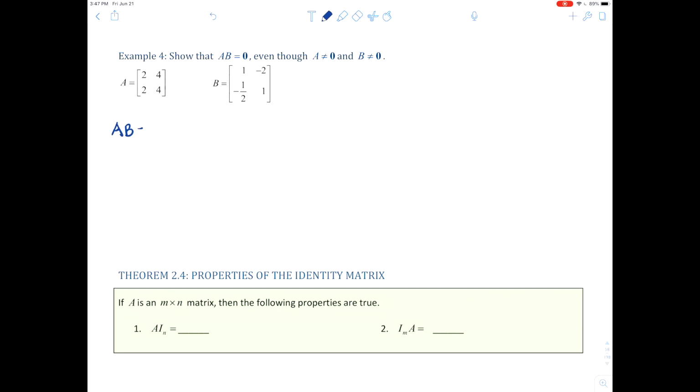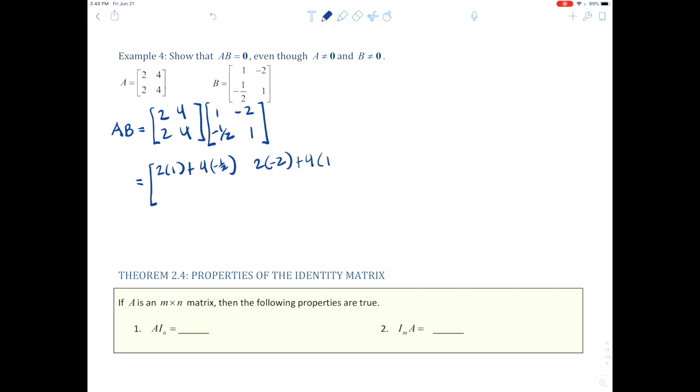A times B is equal to [2, 4; 2, 4] times [1, -2; -1/2, 1]. That will equal to... cool. All right.